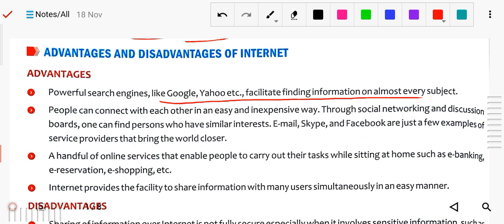I don't have to send it one by one to all of you. I type one message and you all receive it. This is a very convenient way that we get from the internet. And nowadays e-learning, we can study from the internet and have online services. These are the advantages of the internet.